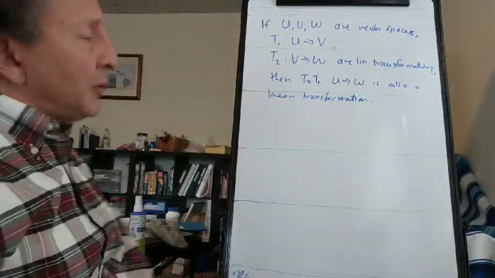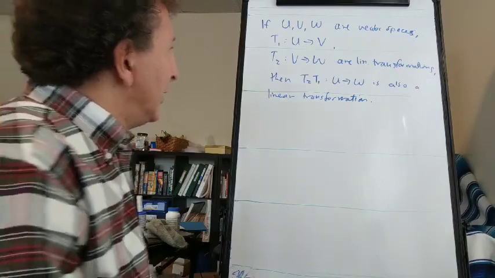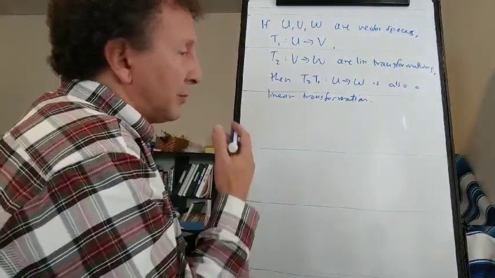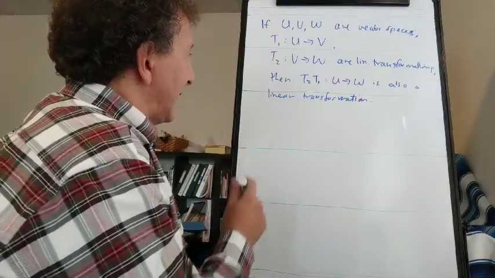Alright, now why did I write T2 T1 instead of T1 T2? Well, when we compose functions, we work from the inside out.